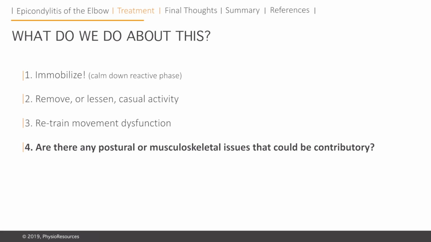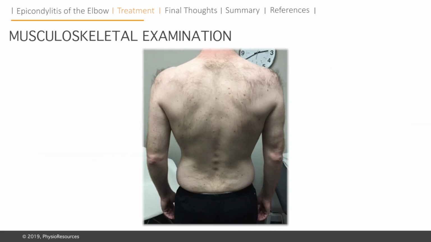Let's take a look at a few photos and a case example to make our point. The individual here is right hand dominant. Take a minute to look at the positioning of his scapulae.